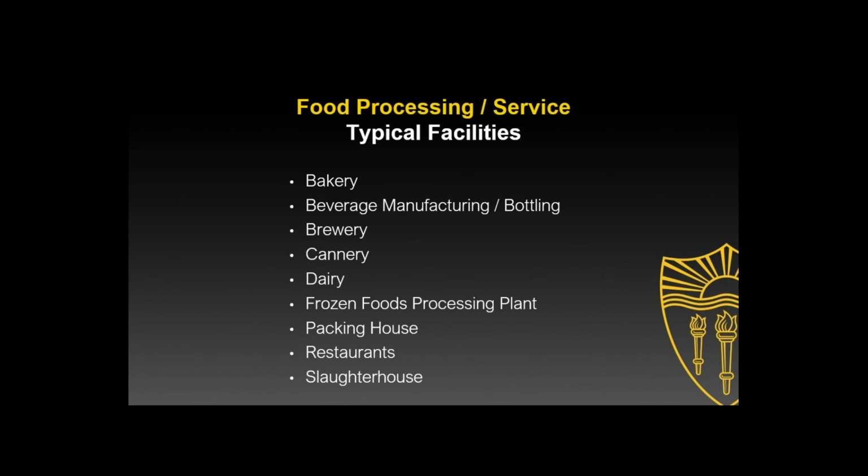So in regards specifically to chapter 6, it does talk about food processing and service, and some of the typical facilities that are mentioned include the bakery, beverage manufacturing, bottling, a brewery, cannery, a dairy, frozen food processing plant, packing house, restaurants, and slaughterhouse. And you kind of go, whoa, there sure is a bunch of categories here just under food processing. And again, this is guidance, some of the things that you may encounter.